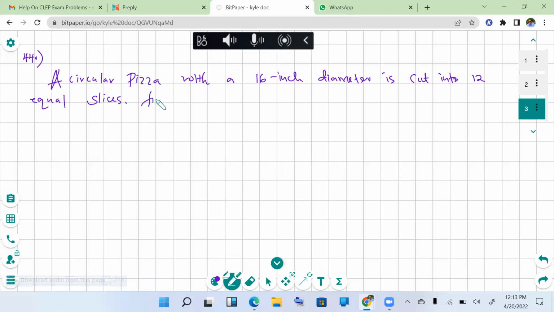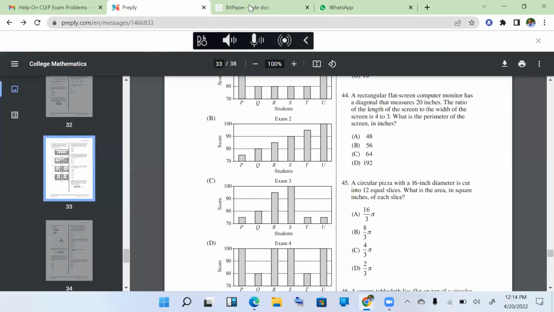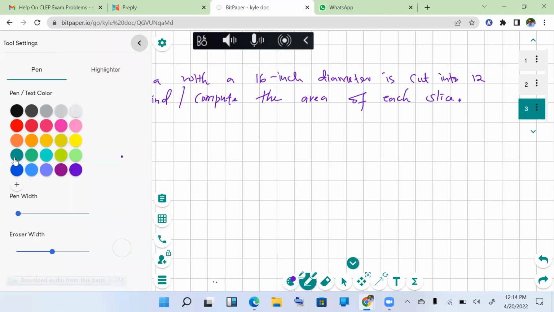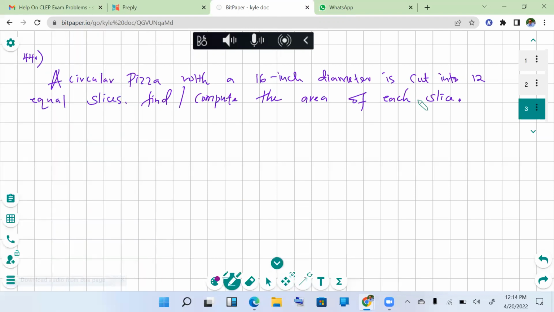So your job is to compute the area of each slice. For this pizza, we just need to know how to get the area of a circle. So solution, we know that the area of a circle is given by pi multiplied by r squared.